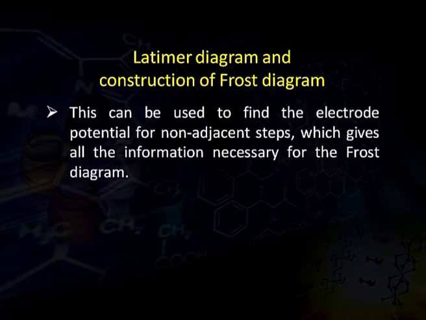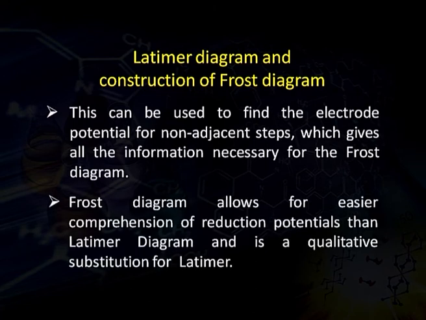Here in case of the Frost diagram, it can be used to find the electrode potential for non-adjacent steps directly, which gives all the information necessary for the diagram. The Frost diagram allows for easier comprehension of reduction potential as compared to that of the Latimer diagram, and it is a qualitative substitution for the Latimer diagram.